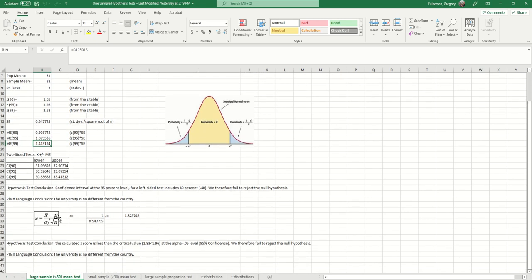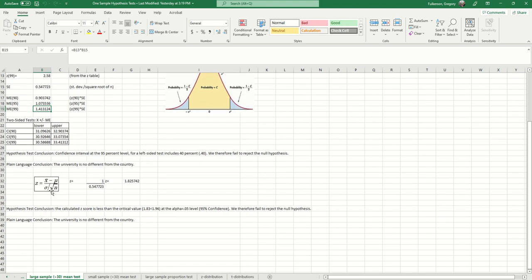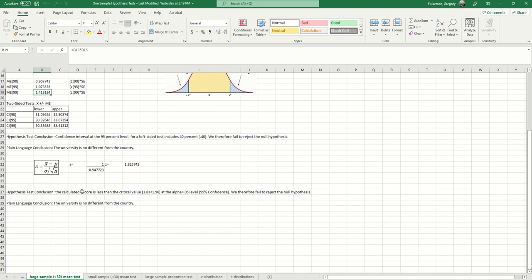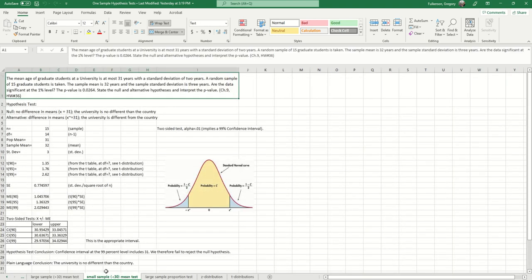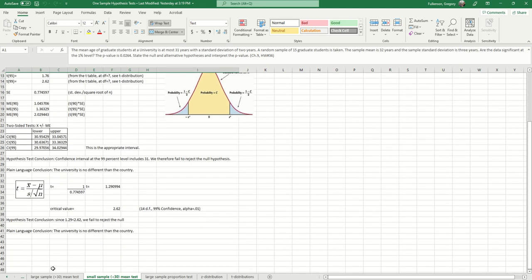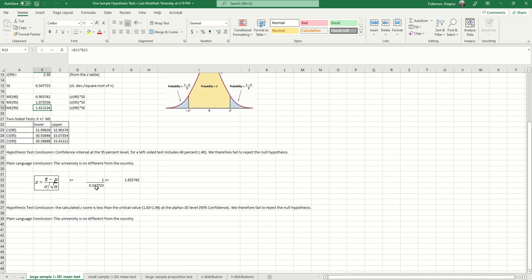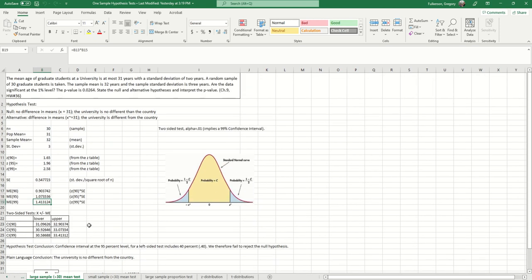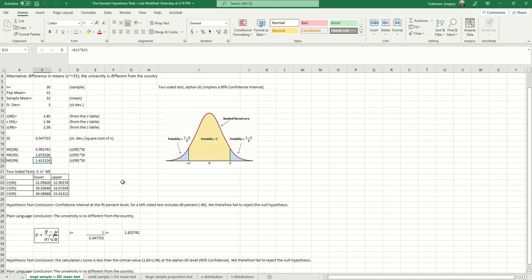So for this one, you can see we have a formula to calculate z. And the reason we're doing z is because it's a large sample. Again, for small samples, we're going to use the t distribution, with a similar formula. But when we know the overall population mean, we can include that in the equation.